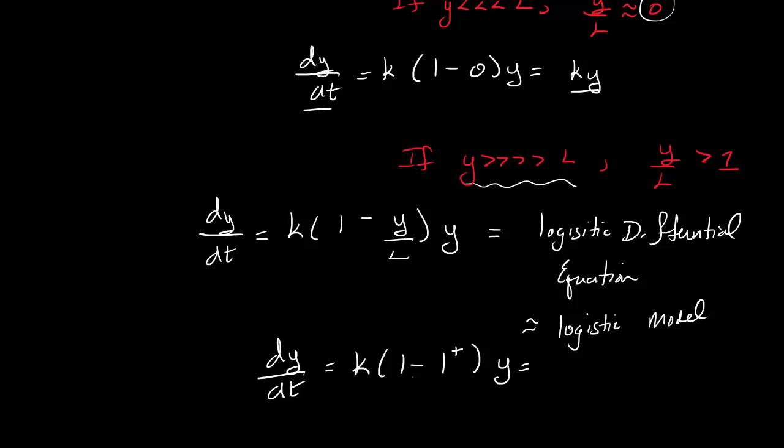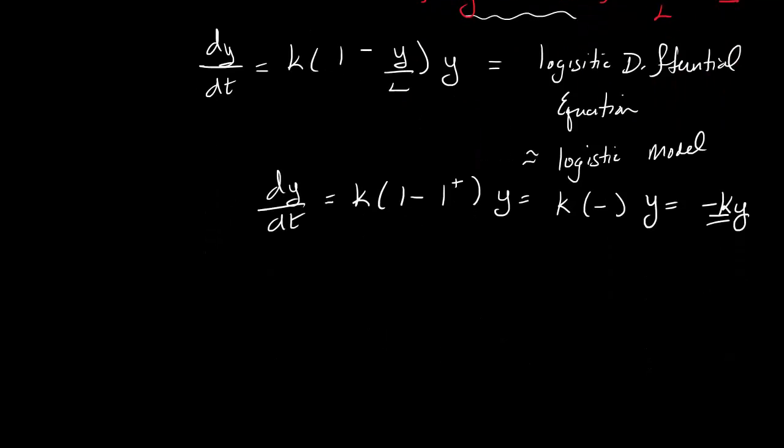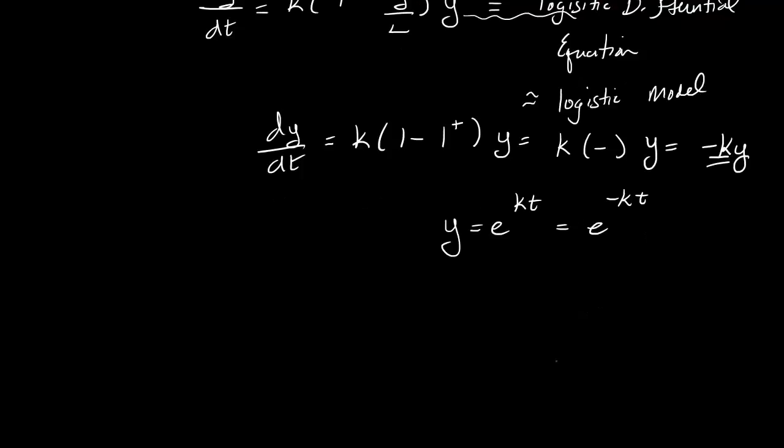So here 1 minus some positive value will give us a negative constant times y. So here we would have a negative ky. And this is when that exponent becomes negative in that model, y = e^(kt), but specifically this is e^(-kt) because we have a population that is decreasing in value. So this is how all these equations are developed. It's all based off of differential equations, and I find them really exciting to work with.